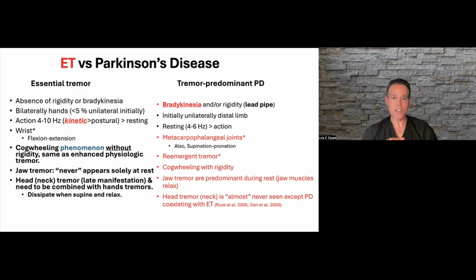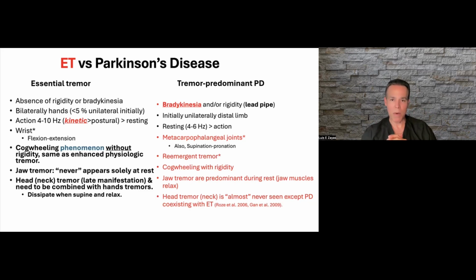Now, I do have patients with Parkinson's disease, with all the criteria for Parkinson's disease, and they have head tremors as well. But those patients have a significant amount of kinetic tremor, so most likely they have an overlap between ET and Parkinson's disease, okay. Now, in essential tremor, when you tell the patient to lie supine, facing up, relax, the tremor of the head usually goes away or decreases significantly, okay?